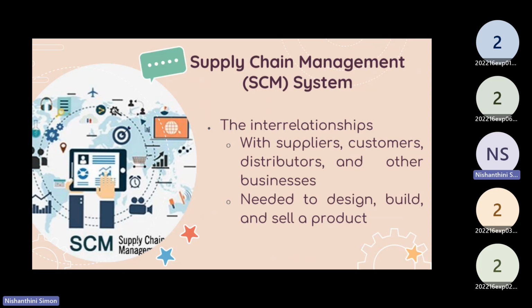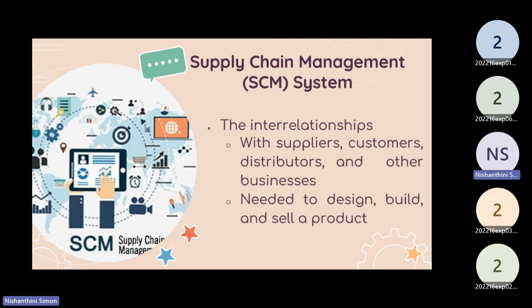When we say supply chain, it's not only about the manufacturing division, but even the sales or marketing division, because from there customer demand or requirements are coming. And we have the finance division also getting connected with that, or the procurement. So different divisions and departments in the organization will be getting connected in this supply chain.